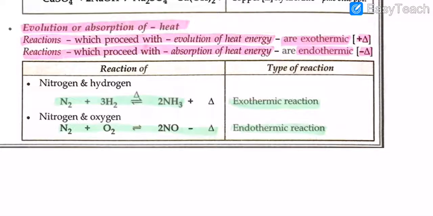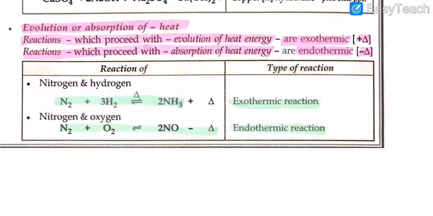What do you mean by this? 2NH3 plus an evolution of heat. That means heat is a product. So whenever you combine both of them, heat energy is produced, and that is what you call the evolution of heat energy. And therefore we know that a chemical reaction has taken place. Similarly with nitrogen and oxygen, right?